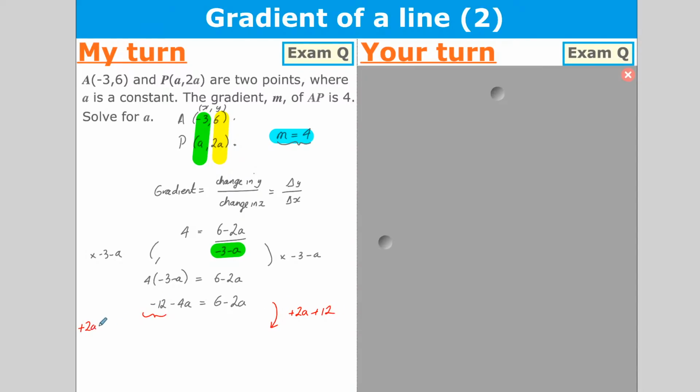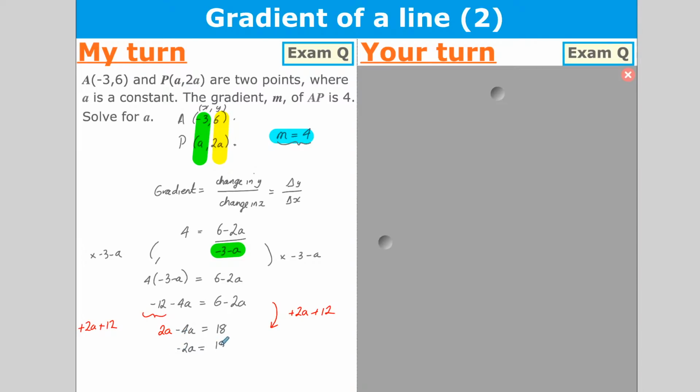So add 2a, add 12. That will get rid of that, and it will get me a 2a on this side. Keep that -4a over here. And on this side, it will give me 6 add 12, which is equal to 18. And that -2a will disappear. 2a subtract 4a is -2a.